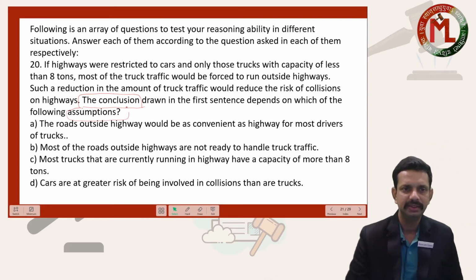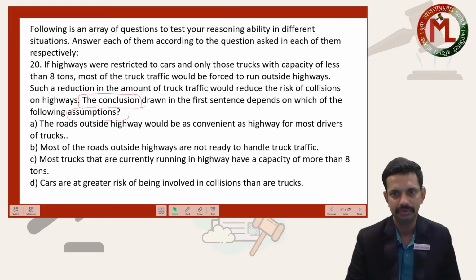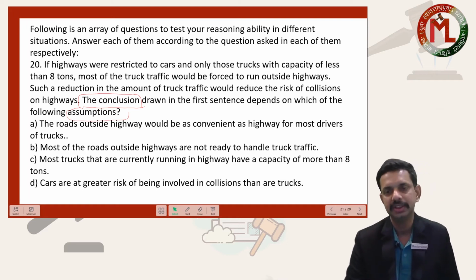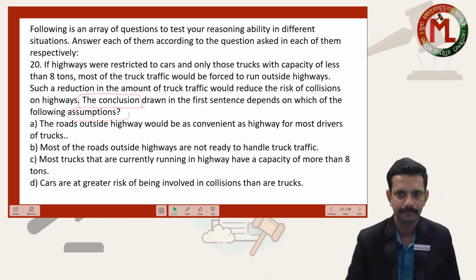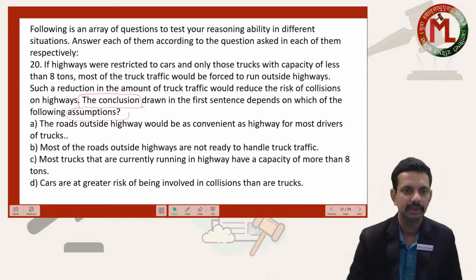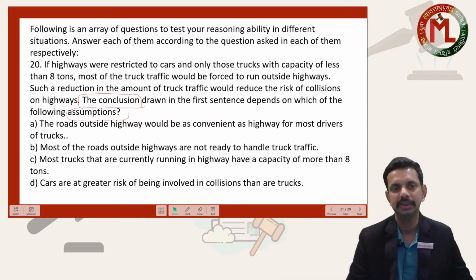Now, to understand these things, we need to understand about the assumption. What is assumption and how it is different from the inference, right? So we normally discuss these things in our regular classroom program or online classroom program, where we differentiate about the assumption and inference.